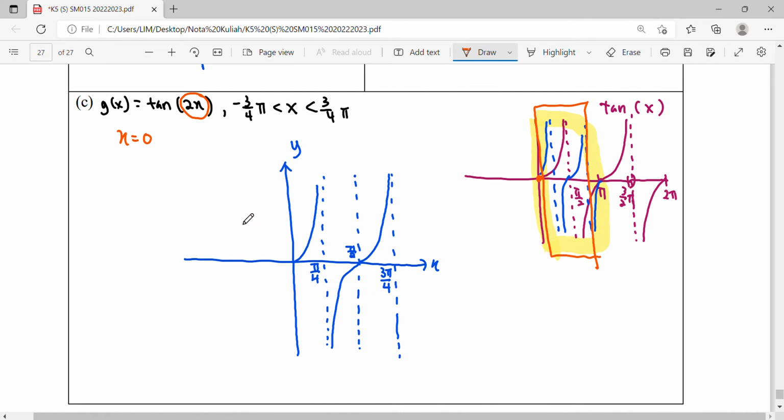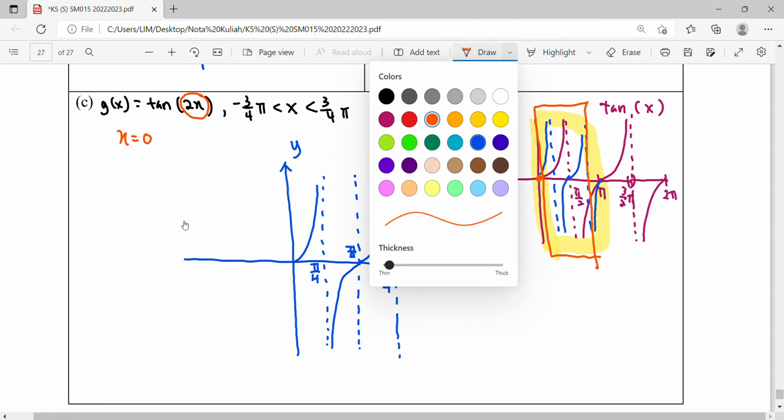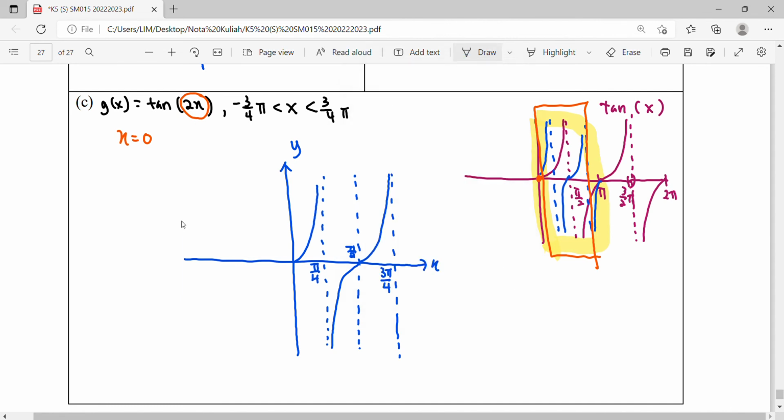So we repeat for the left hand side, just like a reflection to the left hand side. For the left hand side, we also will have the same asymptote at negative pi over 4. And then pi over 2 does not have an asymptote. Pi over 2 here, I just want to show you this is one period. So this asymptote we can rub off. It doesn't have an asymptote here.